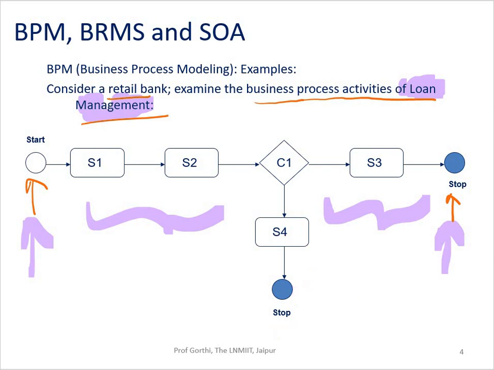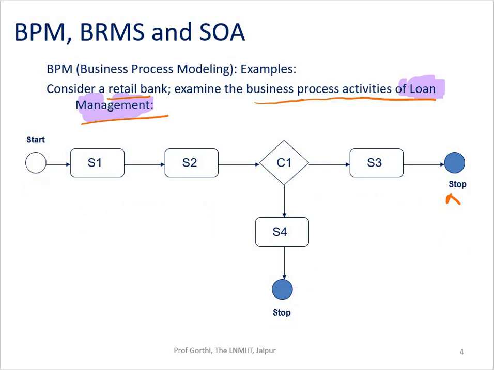You can analyze this when we have BPM and SOA, where SOA stands for service oriented architecture, in a way that we have this start, and then we have process step 1.